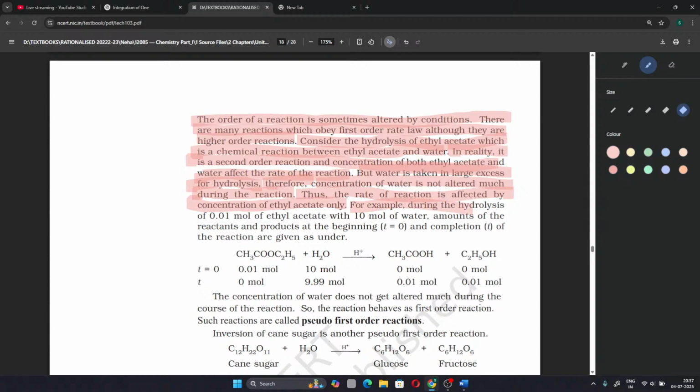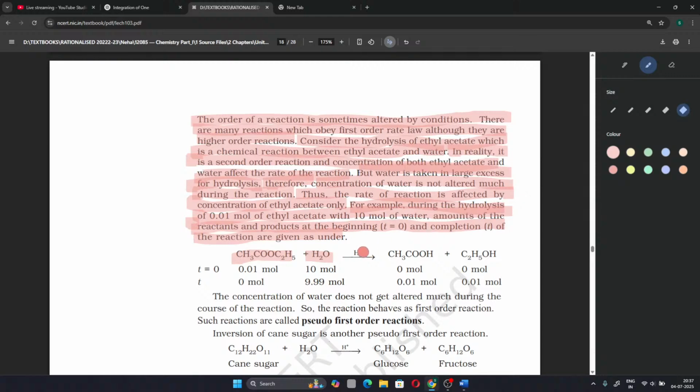For example, during hydrolysis, 0.01 mole of ethyl acetate is taken with 10 mole of water. The amounts of the reactants and products at the beginning, T equals 0, and at the completion of the reaction are given as follows. Ethyl acetate plus water, at time equals 0, is 0.01 mole of ethyl acetate and 10 mole of water.